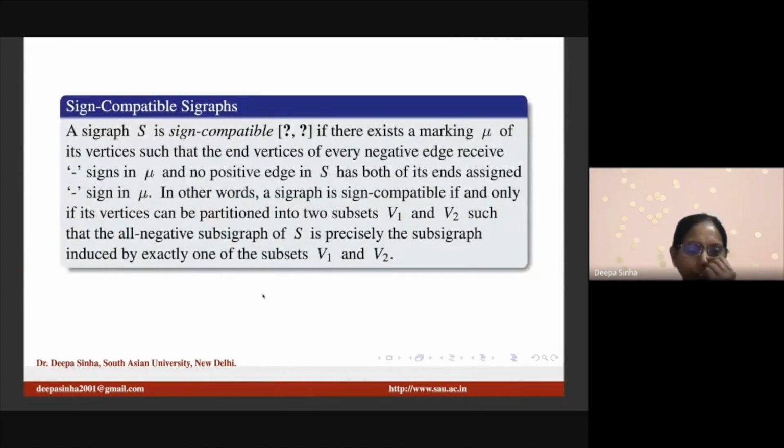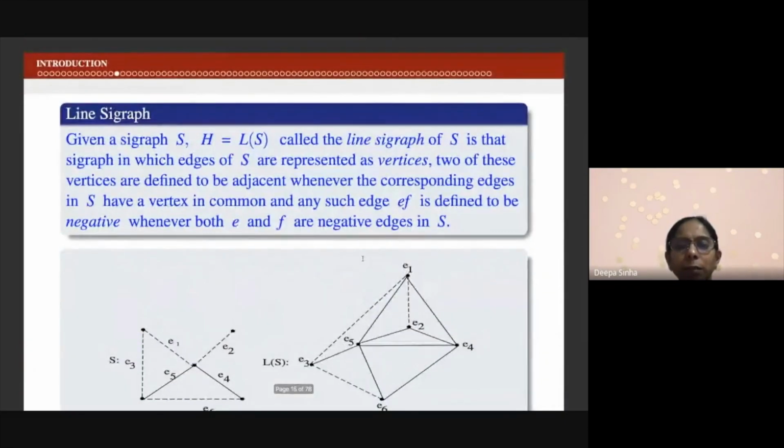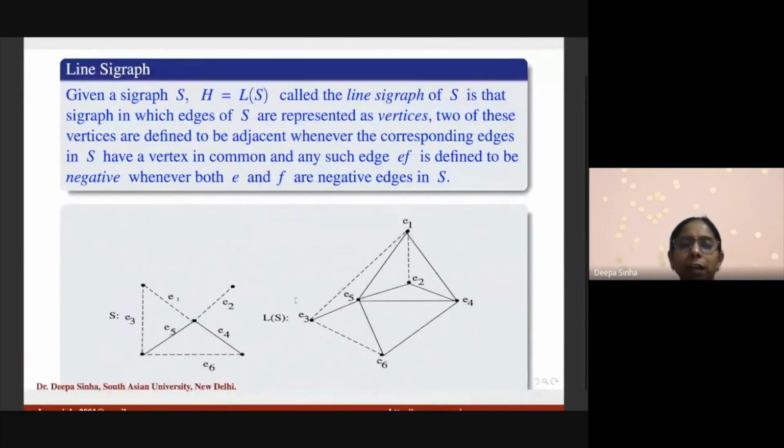And what is a sign compatible sign graph? If there exists a marking mu of its vertices such that the end vertices of every negative edge receive a minus sign in mu. See, this is sign compatible when the end vertices of every negative edge receive a minus sign, and a positive edge may receive plus or minus.